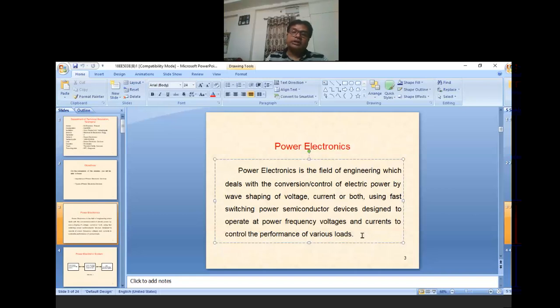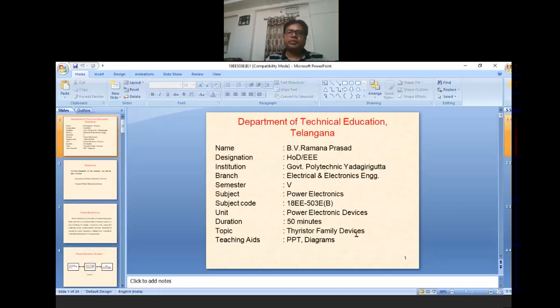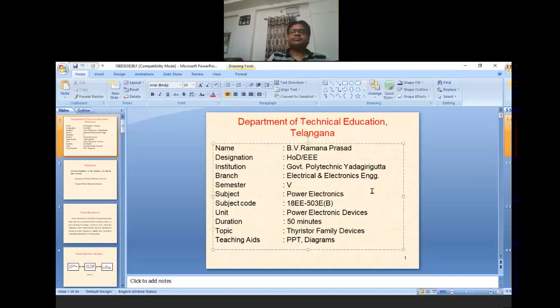So actually, power electronics is an intermediary equipment between the actual power supply and the main electrical load which is to be driven. But before again actually discussing these things, why the need for power electronics came into the picture, this we have to understand.